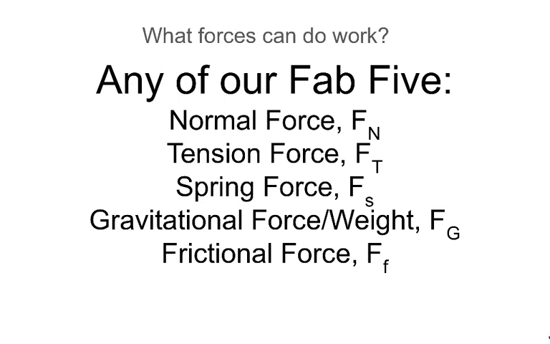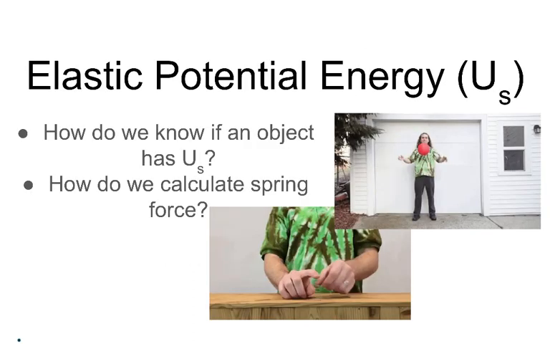So any of these forces can do work on a system to transfer energy into that system or out of the system. You can only have that increase or decrease in energy if you have one of these forces acting on an object. So each of these forces is going to have something to do with a type of energy. Let's go ahead and talk about those types of energy.